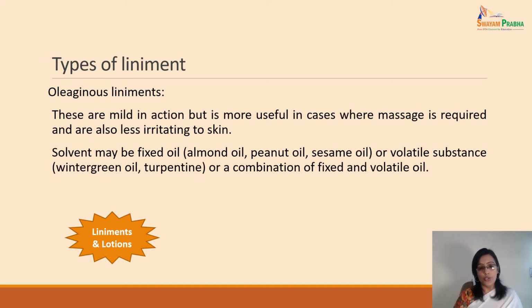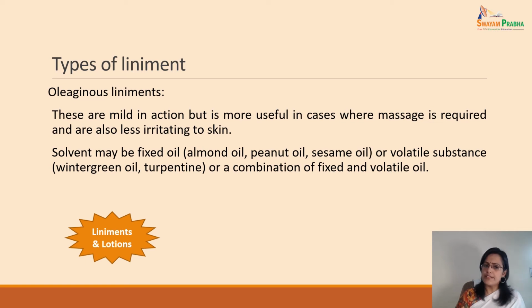Next is oleaginous liniment. Oleaginous liniments are mild in action, but in many cases where we need a little massage to reach deeper tissue, oleaginous bases are required, and they also have a less irritating effect on the skin.